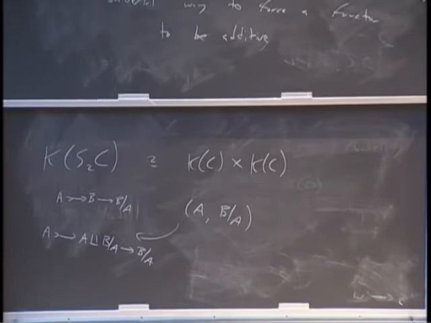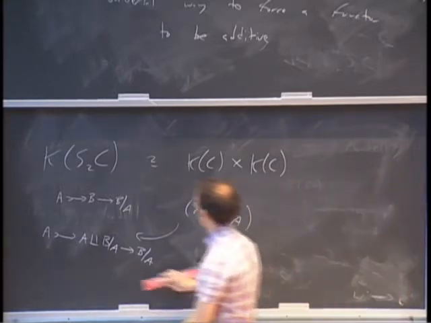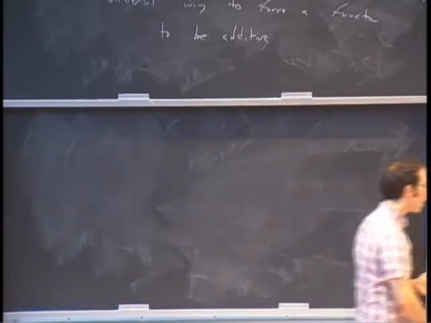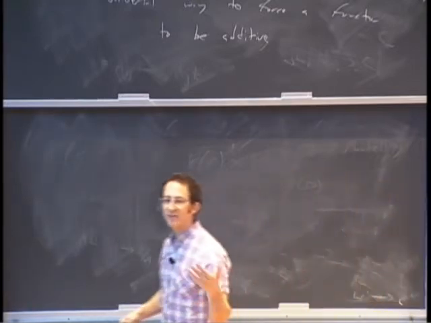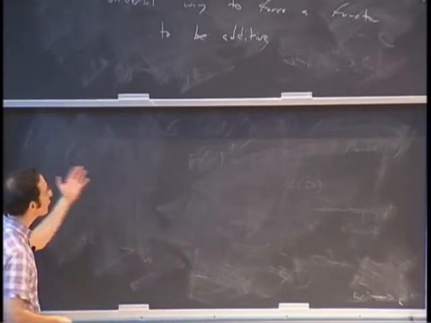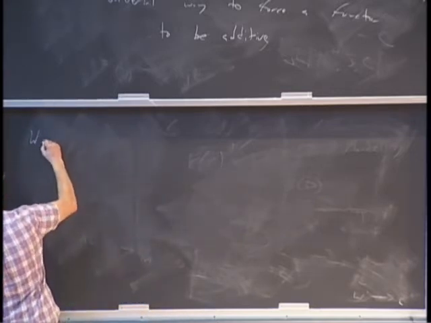OK, so at this point, let's see what happens. So now I want to make this precise in a different way. So I want to use this insight to pick out what kind of functor algebraic K-theory is as a functor out of infinity categories. Okay, and there are two schools of thought on doing this. Let me explain what we want.